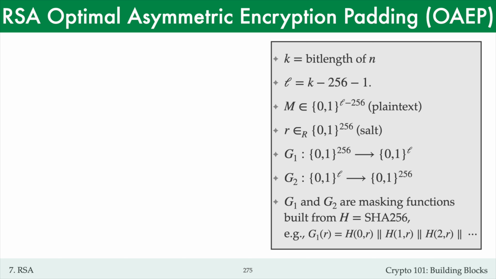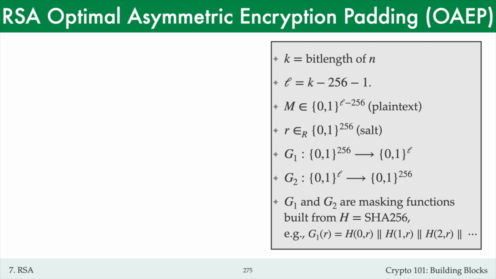G1 and G2 are so-called masking functions. G1 maps bit strings of length 256 to bit strings of length L, whereas G2 maps bit strings of length L to bit strings of length 256. In practice, G1 and G2 can be built from a hash function such as SHA-256.